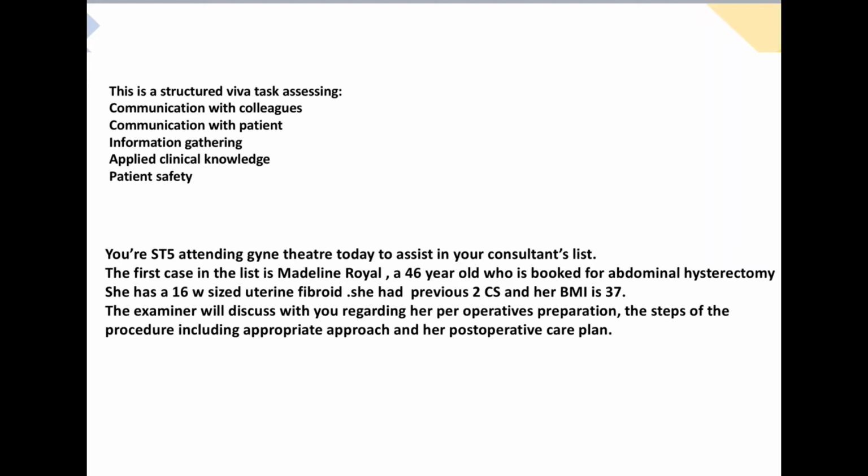And also if you would consider extra VTE risk assessment or prophylaxis or antibiotics or anything related to high BMI.